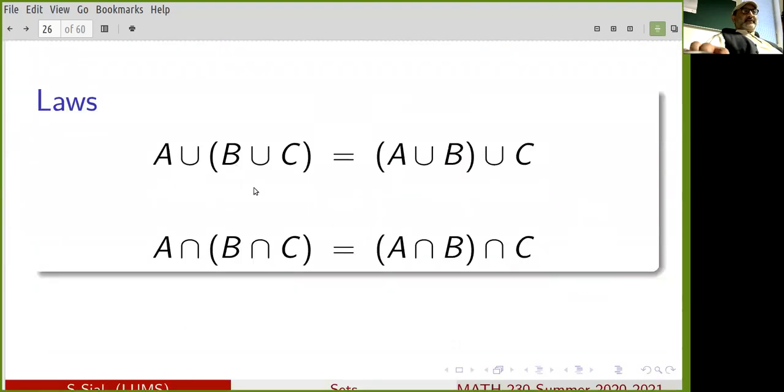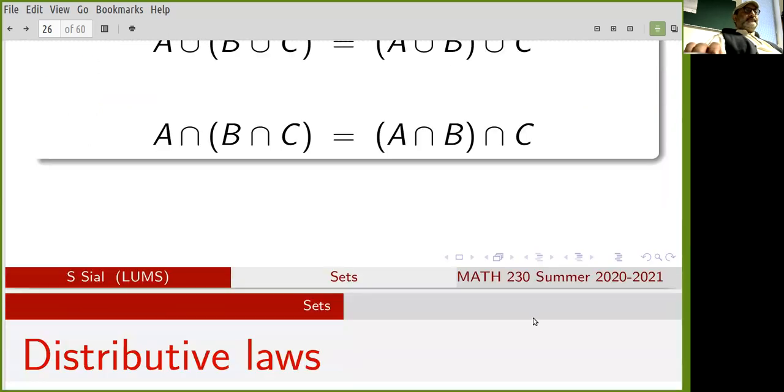Associativity: it doesn't matter whether you take the union of B with C and then the union with A, or the union of A with B and then the union with C. Those are the same things, so it's an associativity law. Same thing for intersections: the intersection of A with the intersection of B with C is the same as the intersection of A with B, intersected with C.